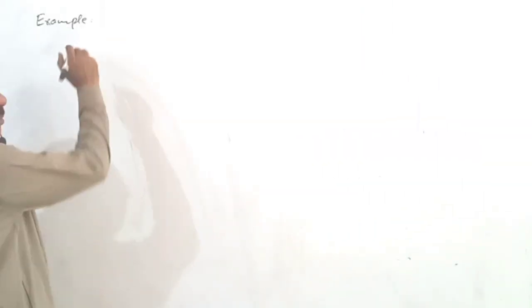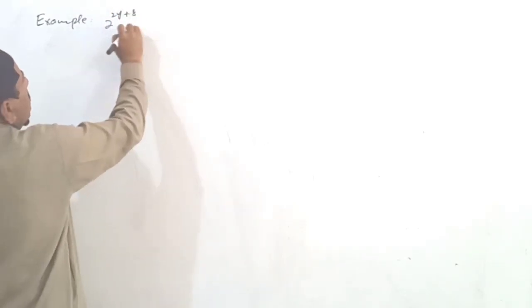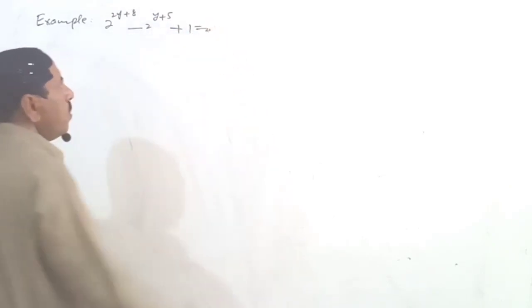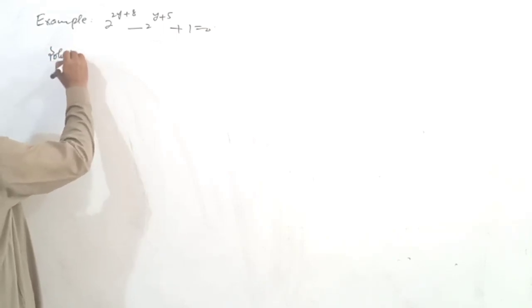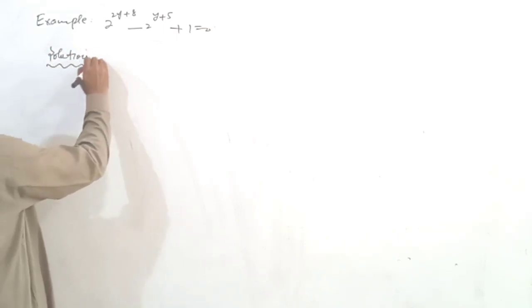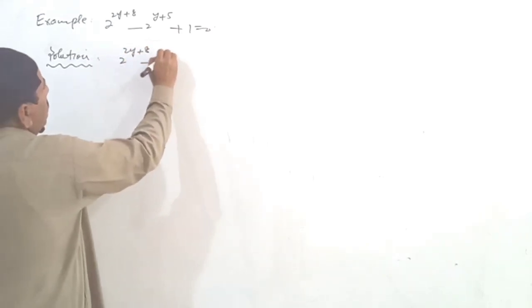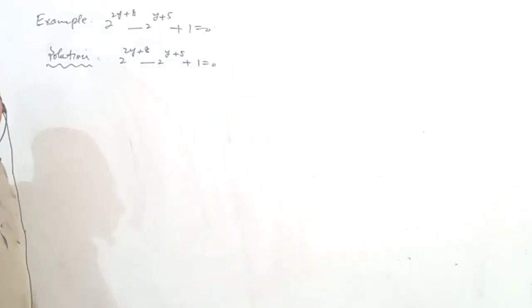Again, an example is 2 power 2y plus 8 minus 2 power y plus 5 plus 1 is equal to 0. So these are the reciprocal equations. Solution: 2 power 2y plus 8 minus 2 power y plus 5 plus 1 is equal to 0.